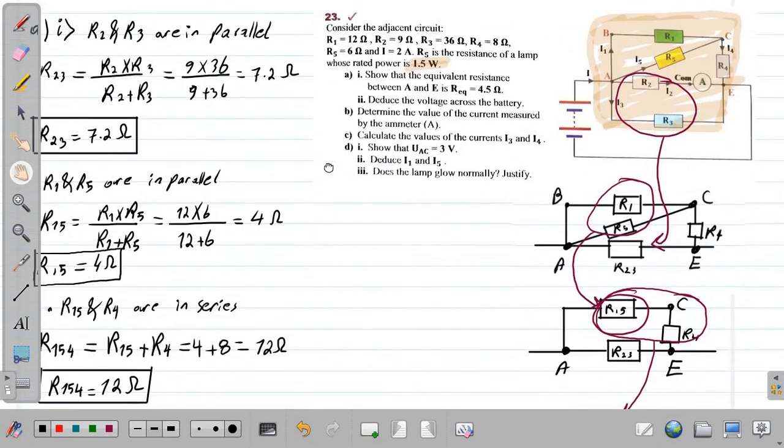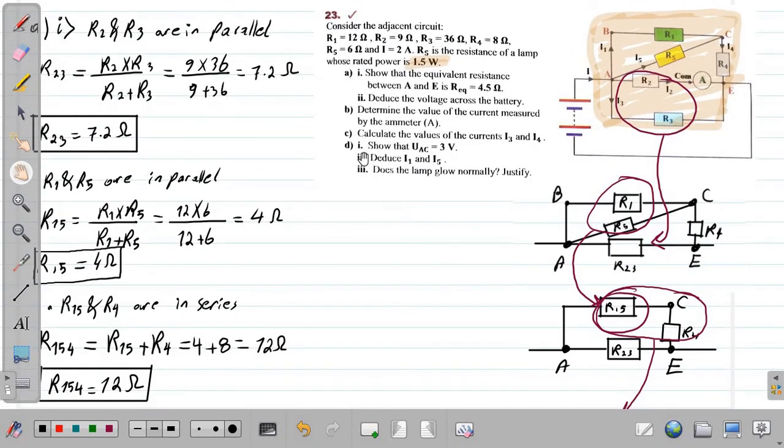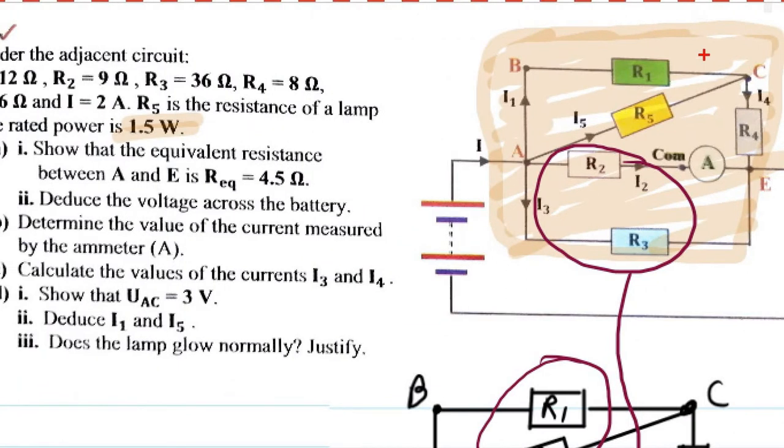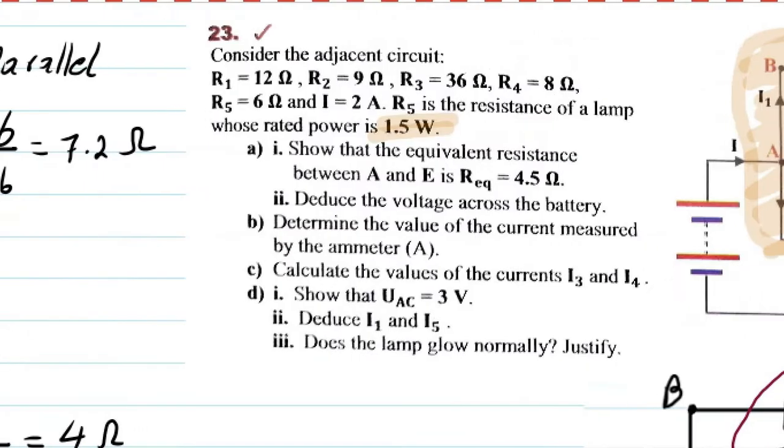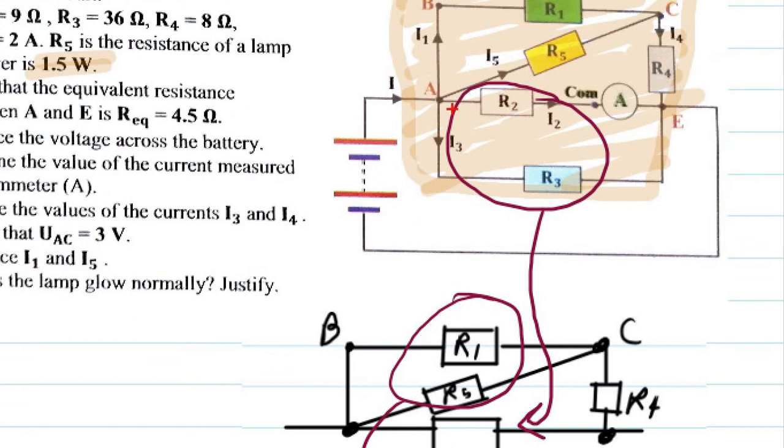Question D, I. Show that UAC is equal to 3 volts. UAC. Okay. To find UAC, we don't have I5 and UAC, but we have R5.